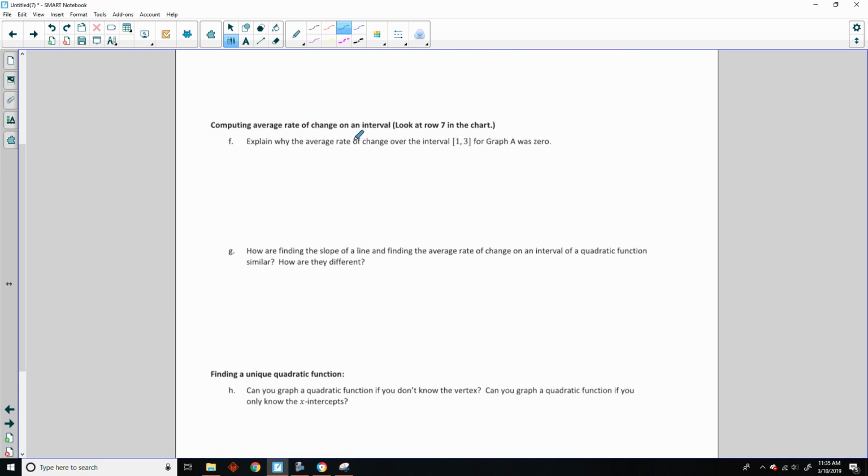So the reason the average rate of change over the interval from 1 to 3 was 0 was because the y values for the x value 1 and the x value 3 were both the same. All right, so G says, how are finding the slope of a line and finding the average rate of change on an interval of a quadratic function similar, and how are they different?